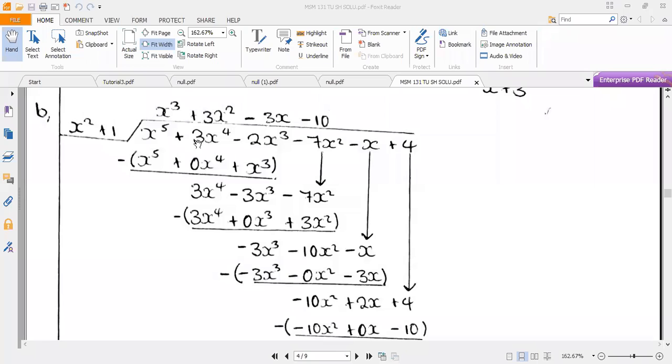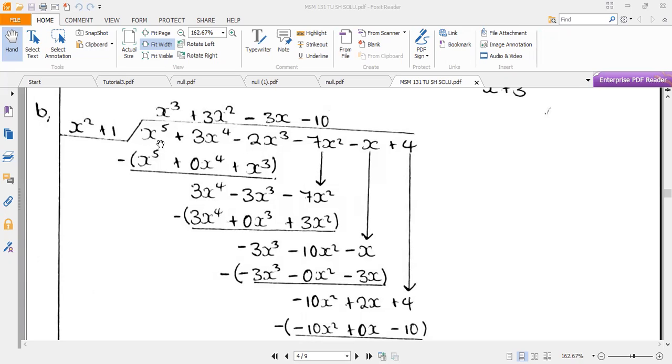But then we can subtract this 3x power 4 minus x power 3. So we introduce a 0x power 4 because it's missing in our equation. If it's missing in our equation, then it's a 0. If you want, you can just put 0. But just to show you that you're subtracting with x power 4, it is 0x power 4. 0 and 0x power 4 are one and the same thing. I hope we are clear.